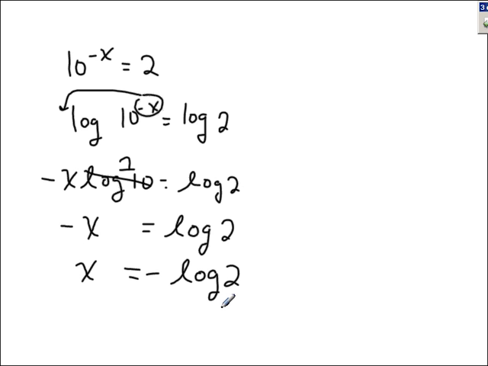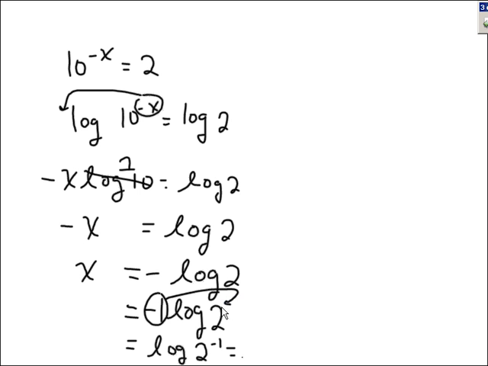Now that is one answer, or you could realize that the negative is the same as negative 1, and then you can bring the power up. So you get log 2 to the negative 1, and 2 to the negative 1 is a half, or 0.5.